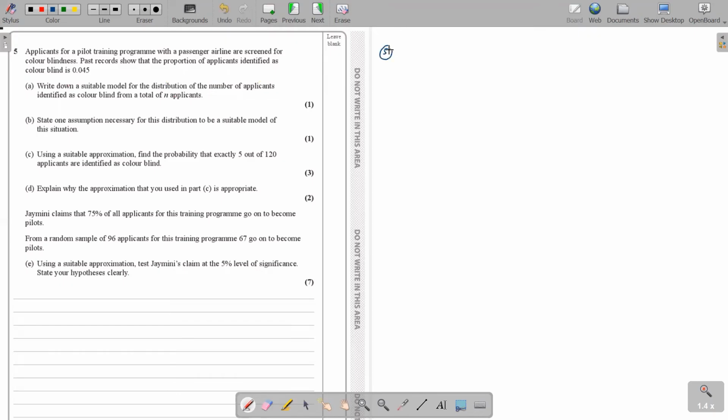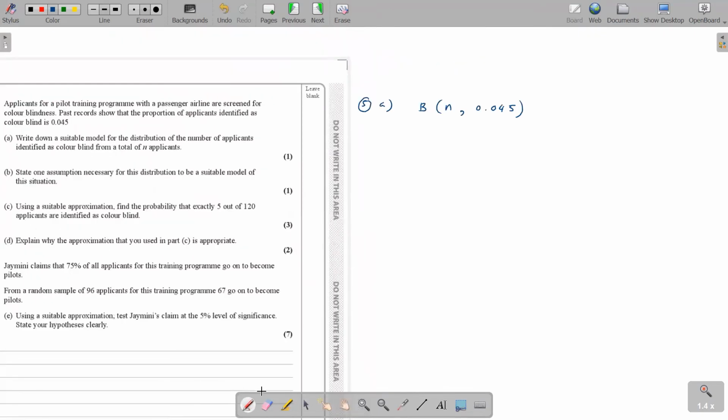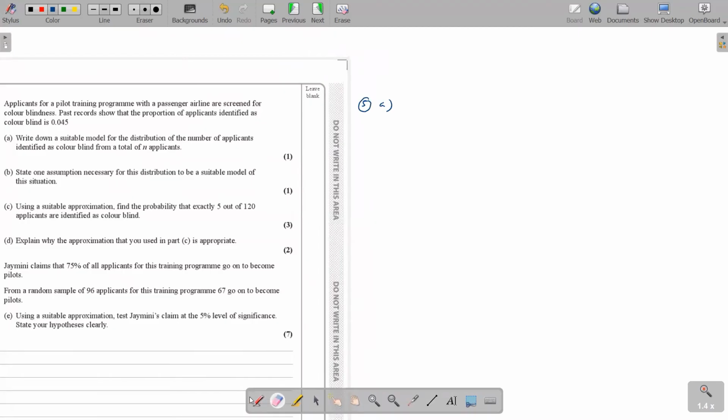So you can write part A. It's a binomial distribution. And what are the parameters? The number of trials is n, and the probability of success, or the probability of being colorblind, is 0.045. And you'd better define X also. X is the number of applicants who are identified as colorblind.